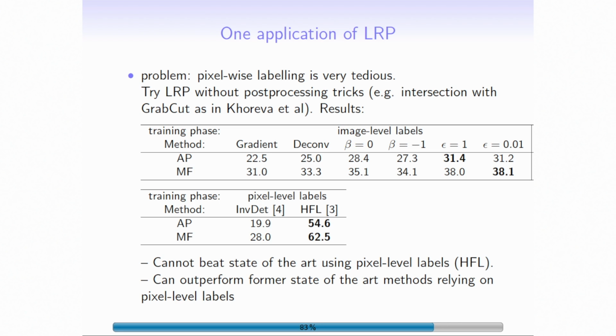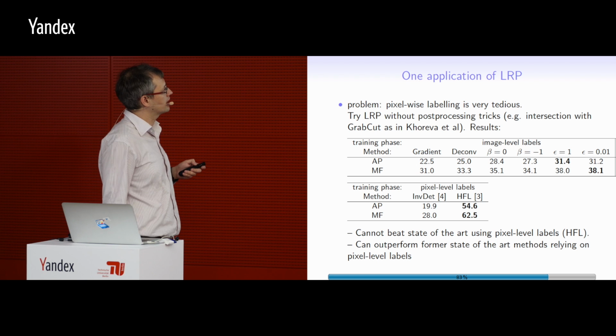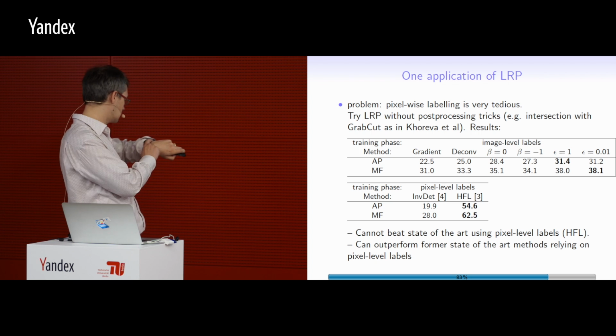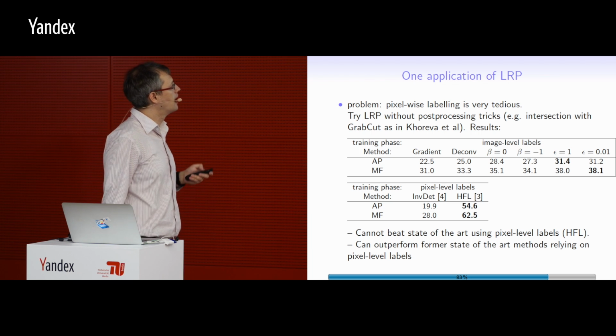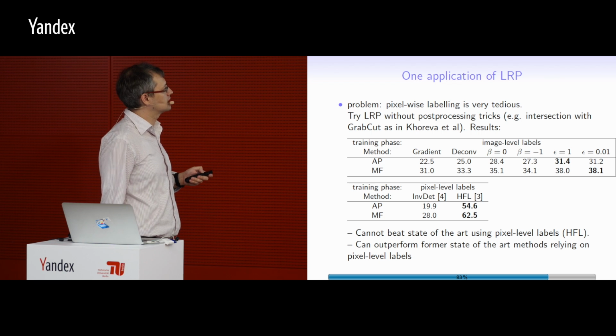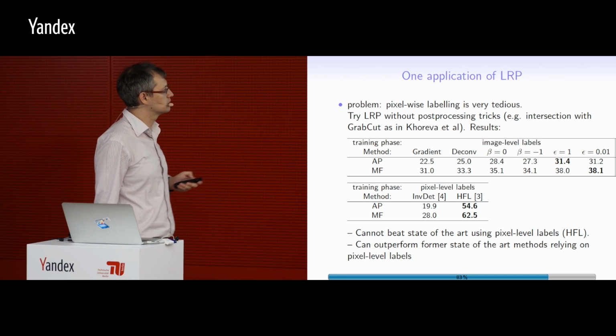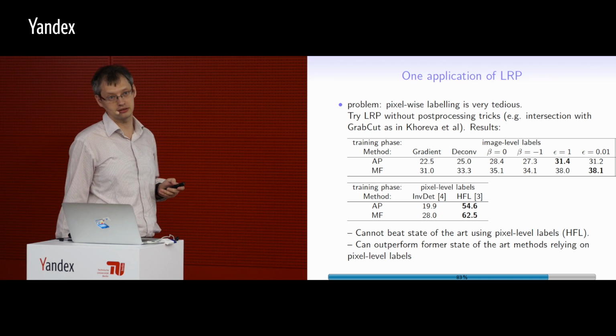And we measured average precision and maximal F-score. And what we saw is LRP performs better on this task than other methods that can use image labels, namely deconvolution and gradient. Yeah, I'm almost done. But of course, if you can use pixel level labels and you use high, state-of-the-art deep learning, you are better.